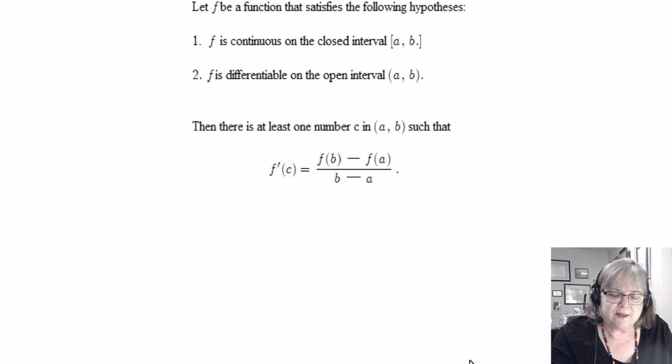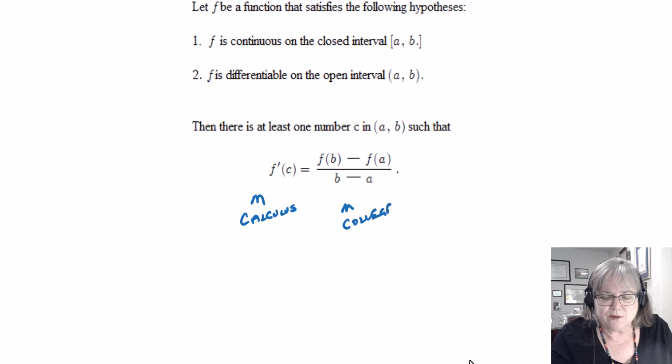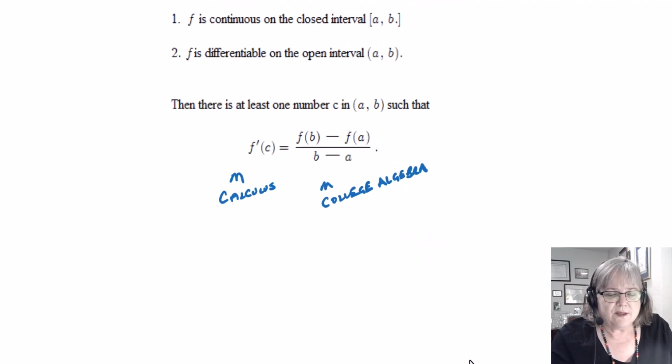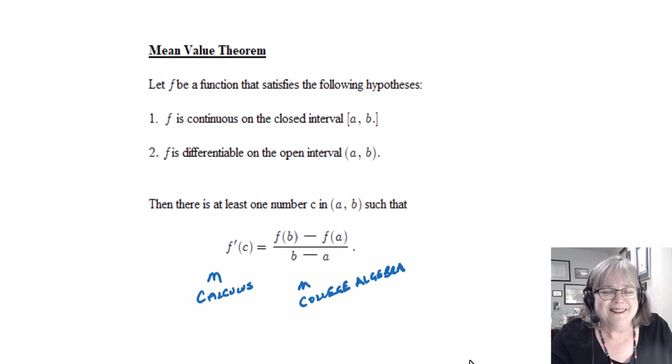Remember that this is the slope using calculus, where you get essentially a function description, a formula, equation for the function at any point on the curve, and this is the slope in your college algebra approach. And what they're saying is there's some point on the graph where these two things are equal. Makes sense?